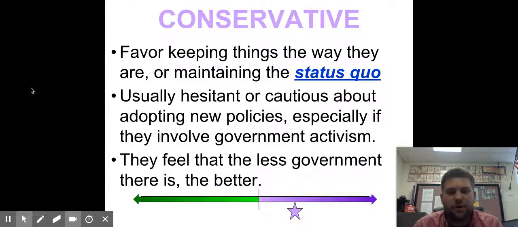They like to make sure that change is happening only if absolutely necessary. They feel that less government, the better, right? So they're not often trying to solve problems by creating more government institutions or government spending. They're looking for ways to give people more freedom and solving problems by having less government rather than more.